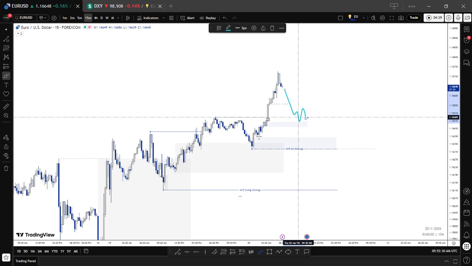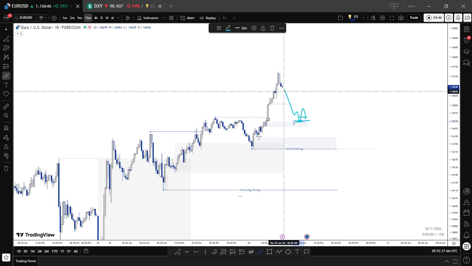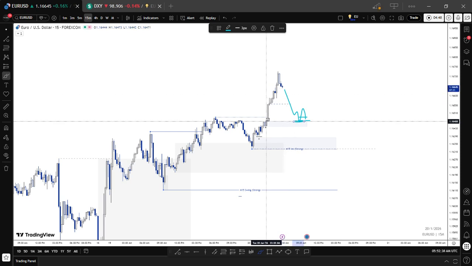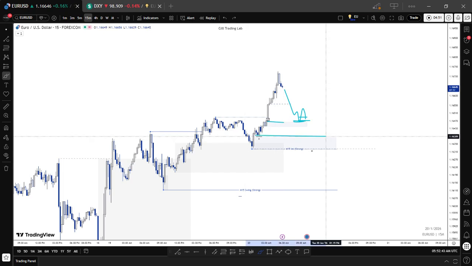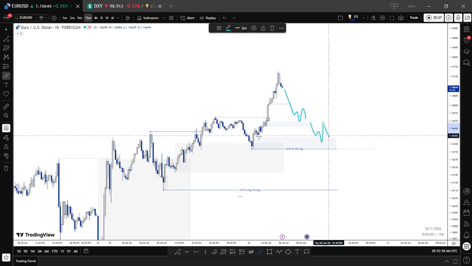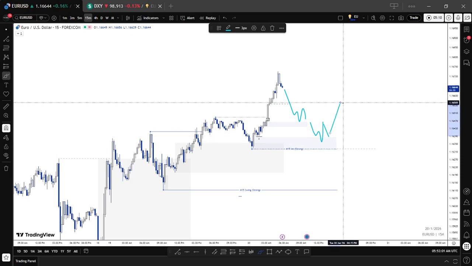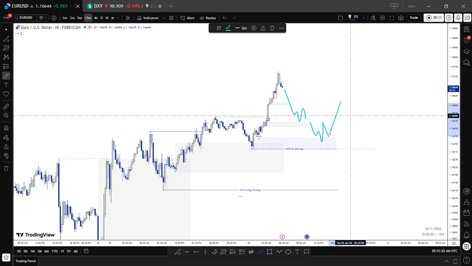Then I'll be willing to look for longs from these fractal lows that I will form when price mitigates this zone, either this or this. So if price pulls back to here, then we get the bullish order flow, or from here, then we get the bullish order flow shift, then I'll be willing to look for longs from the session demands that will have formed.